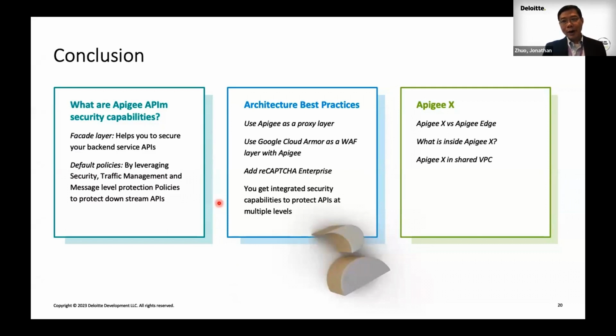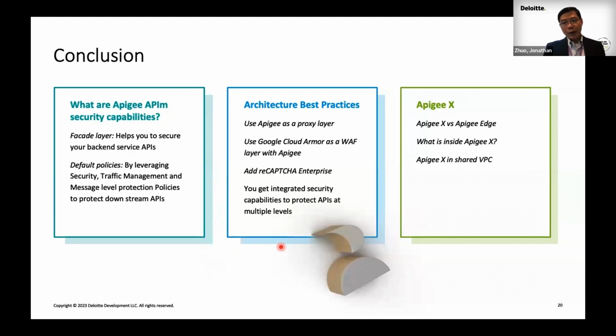Apigee provides a facade that helps you secure your backend service APIs. You can use different security mechanisms in an application. Apigee has out-of-the-box default policies to secure your APIs. For example, they have security policies, traffic management policies, and message-level protection policies, as we described before.